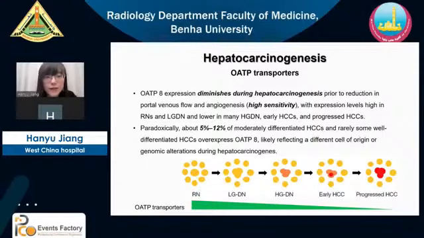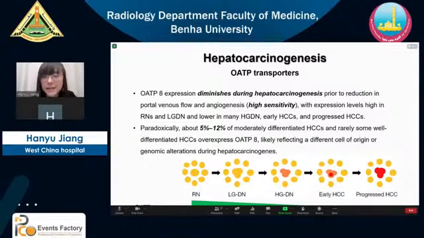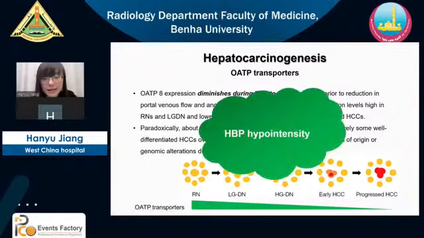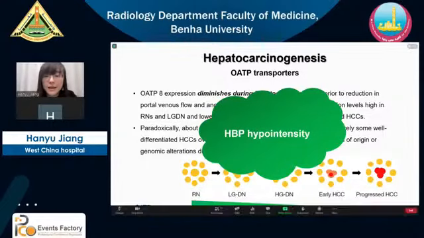And the expression levels being high in RNs and LGDNs, while lower in HGDN, early HCCs, and progressed HCCs, can aid in differentiation between the latter category of more malignant lesions from the former ones. And these characteristics give rise to the typical feature of HCC, the hepatobiliary phase hypointensity, using gadoxetate disodium enhanced MRI.